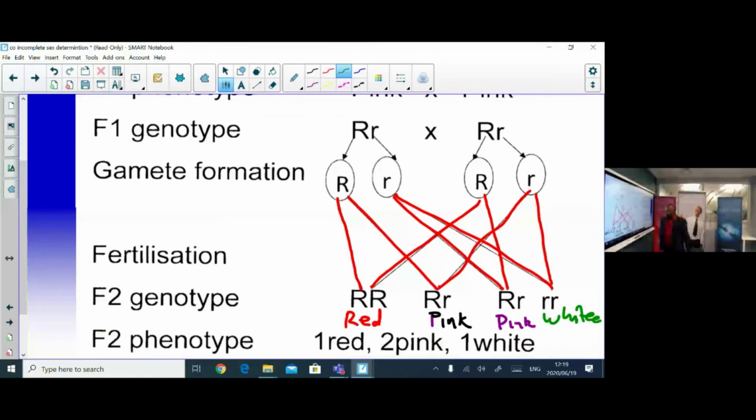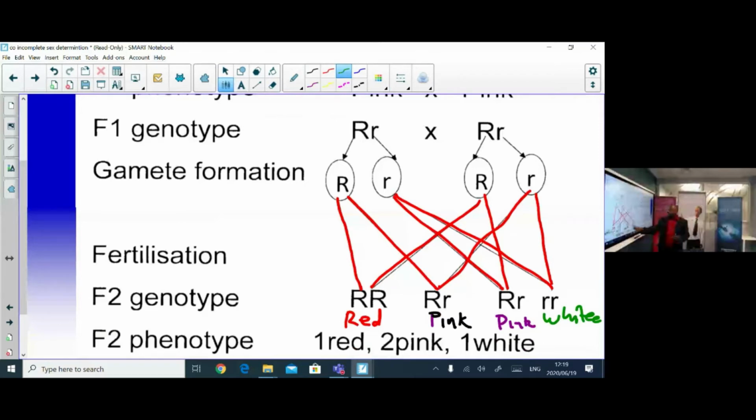Again, great. If this was a complete dominant scenario, I'm just helping you to understand the difference. We are crossing two heterozygous conditions. We are supposed to get which ratio? A monohybrid ratio of 3:1, which means it was going to be red, but it's an incomplete dominance.